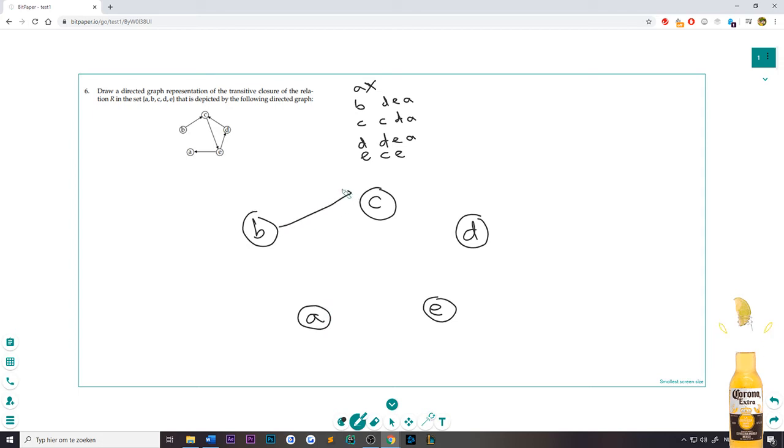So we have B to C, C to E. Right, so this is the original graph, right?